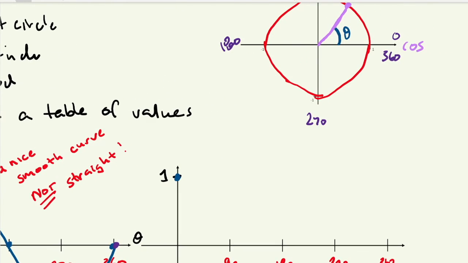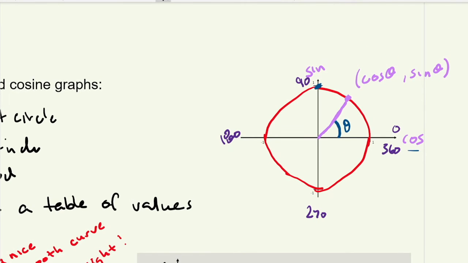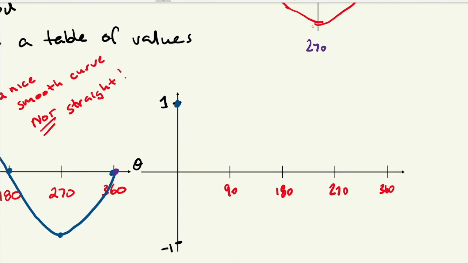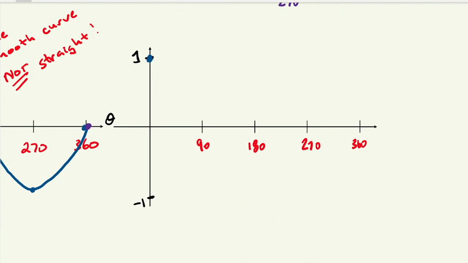Okay, and you can see there that on the cos graph, when theta equals 0, the x value is going to be 1. So it does actually fit quite nicely. And then we're going to come through, we're going to be at 0, at -1, back to 0, back up to 1. Alright, so you can see that it's just moved over that one lot of 90 degrees.